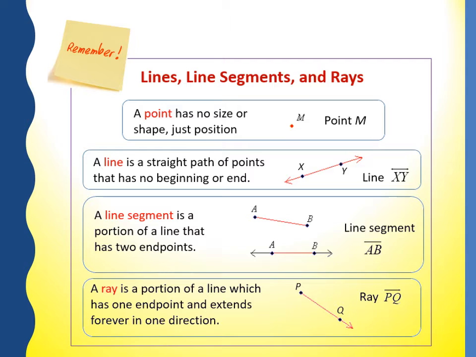And the line segment is a portion of a line that has two end points, like this line segment AB. And the ray is a portion of a line which has one end point and extends forever in just one direction, like this ray PQ.